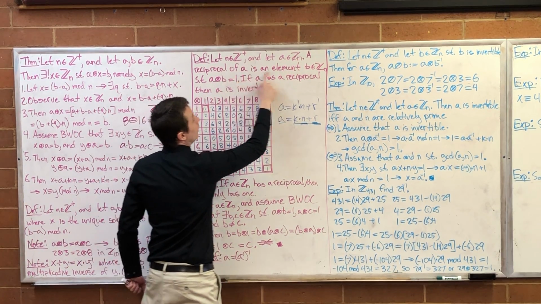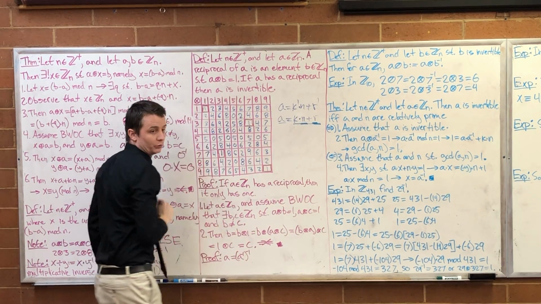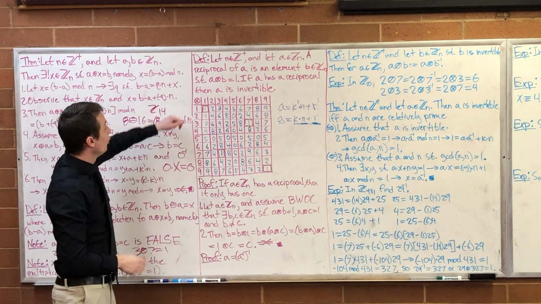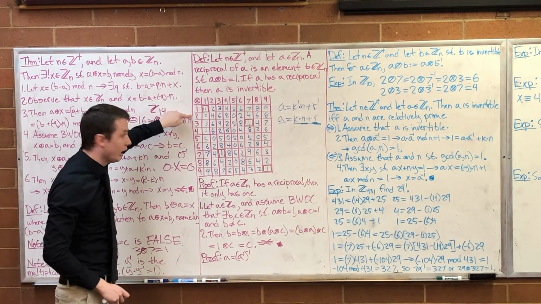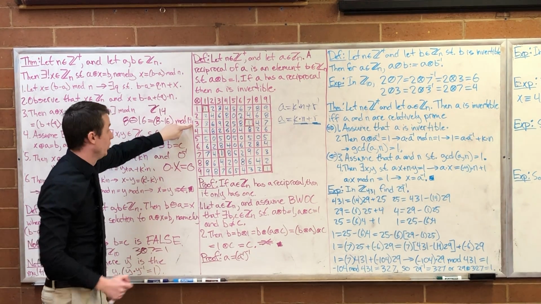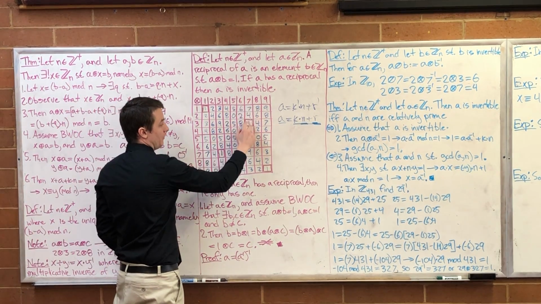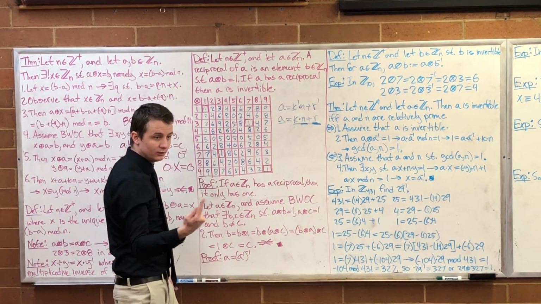A reciprocal of A is an element B in Zn such that A times B equals 1. So, 1 is invertible because it has a reciprocal. 2 is not invertible because it doesn't have a reciprocal. Notice 3 has one. What is 3 times 7? 21 mod 10 gives you 1, right?